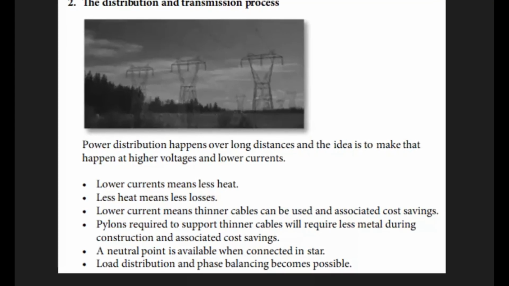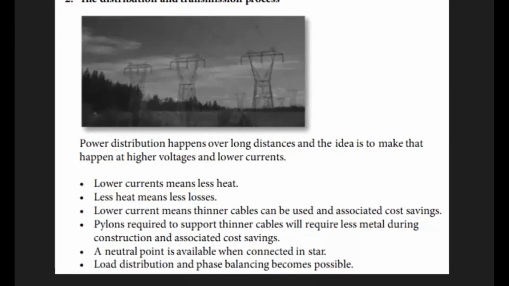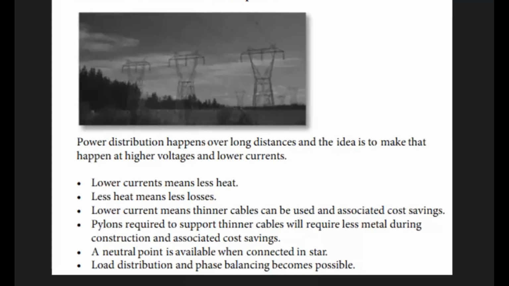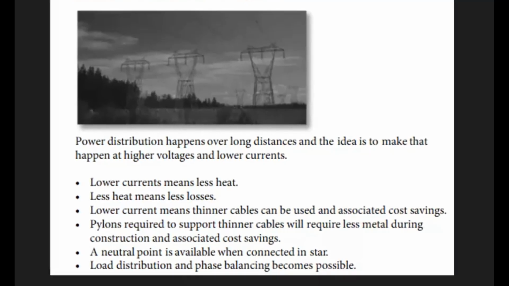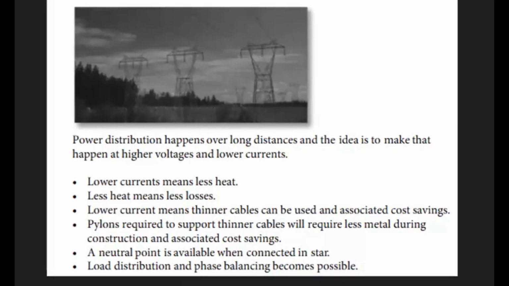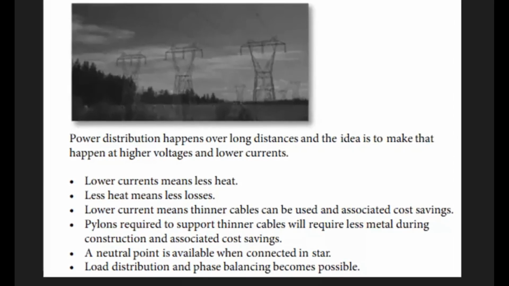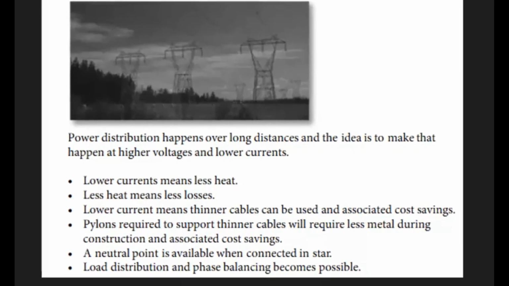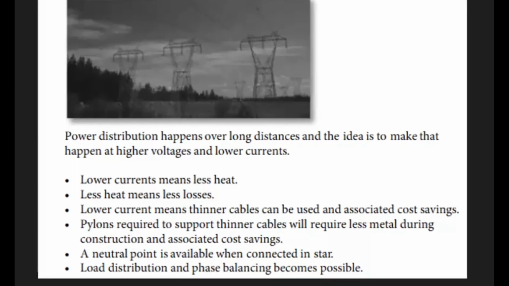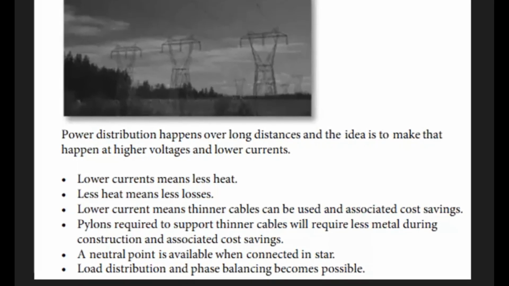Less heat means less losses. Lower current means thinner cables can then be used, with associated cost savings. Pylons required to support these thinner cables high up in the air will require less metal during construction, with associated cost savings. A neutral point is available when using the star system. Load distribution and phase balancing becomes very possible with three-phase.